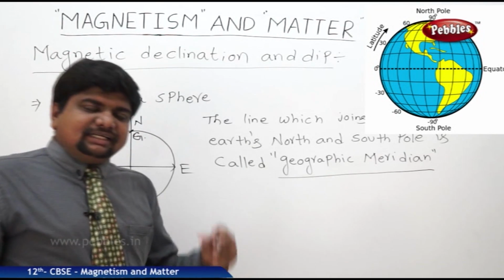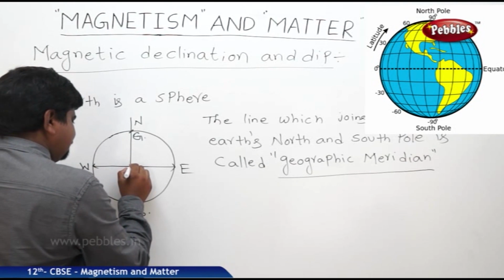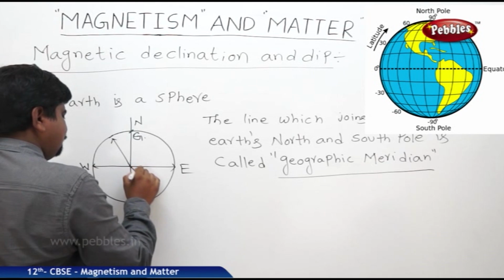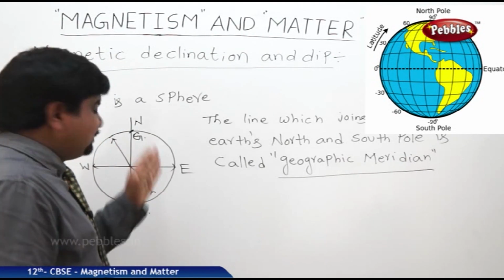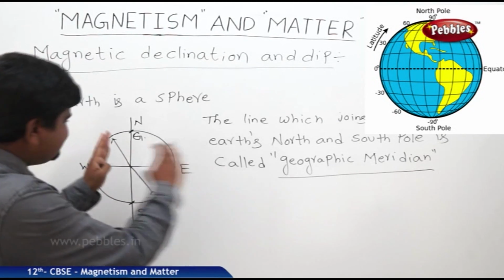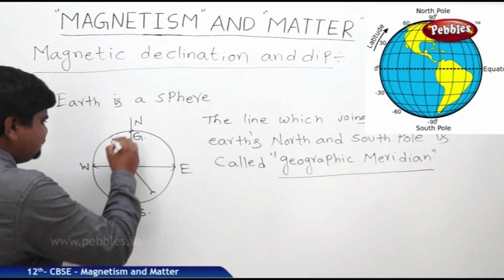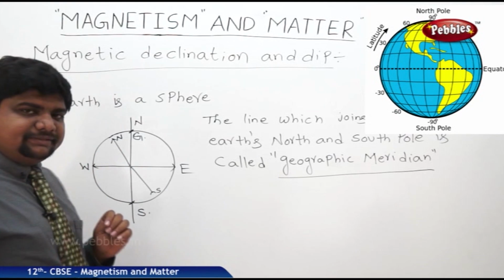But if you see the direction of the magnetic field, yes, it will be like this. Previously we have discussed a freely suspended bar magnet or a freely suspended solenoid. When it is freely suspended under the influence of Earth's field, this is the north pole of the magnet, this is the south pole of the magnet.